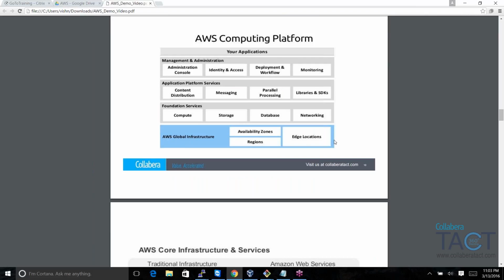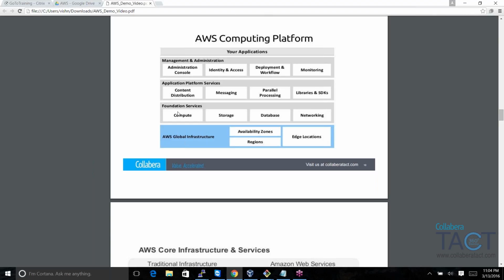As I said, to create a highly available website, I can have one server running in the US and another server running in Singapore or Australia, so that I can achieve high availability. In a similar way, AWS provides a bunch of services running in different parts of the globe.